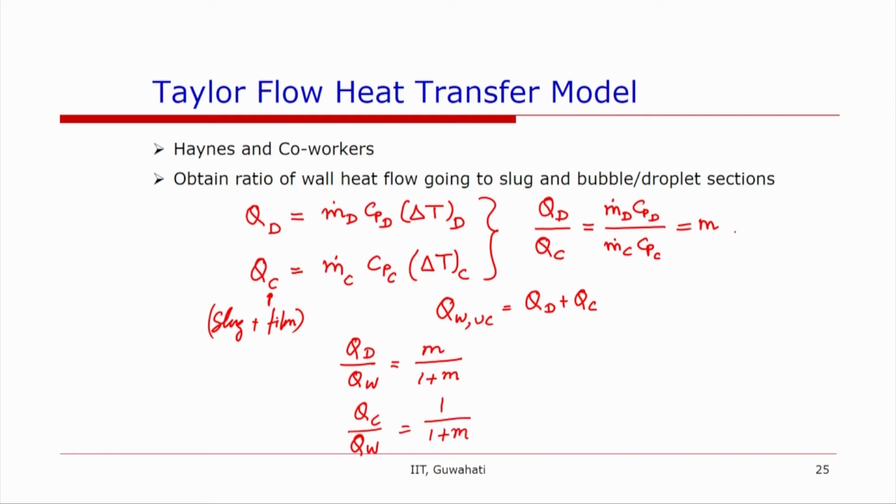We can also write m in terms of rho d into beta Cp d divided by 1 minus beta rho c Cp c.